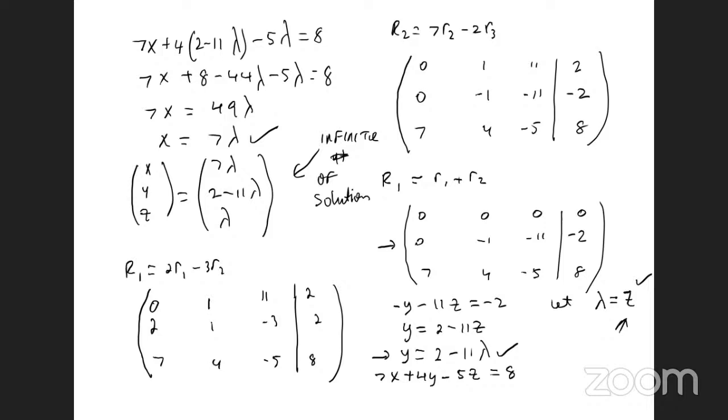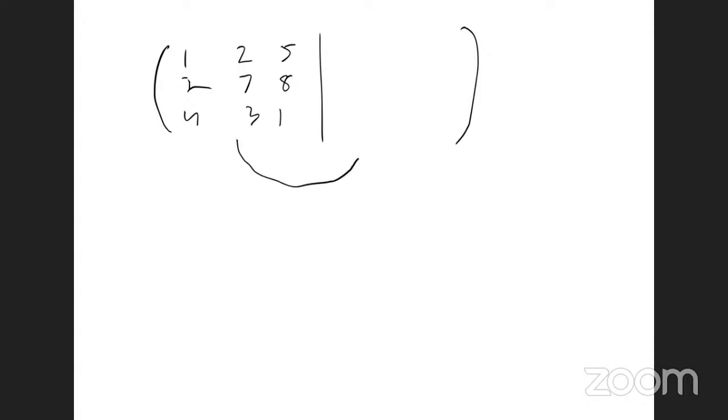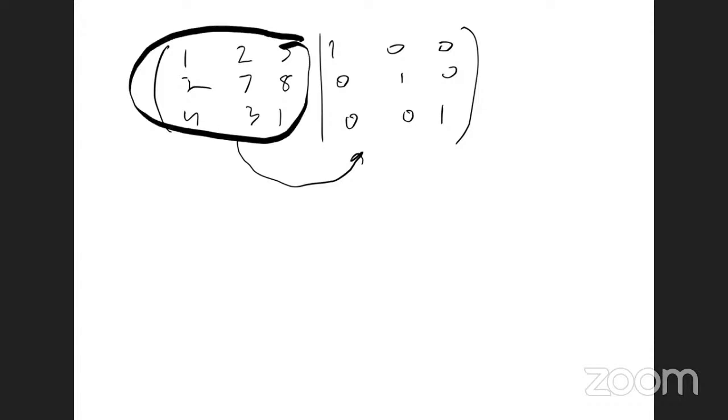One thing I didn't show you as yet, I can probably show you later on, is that if I ask you to find the inverse of this, we could use the row reduction method. All we have to do is convert this matrix into this matrix. Use row reduction to make this matrix look like this.